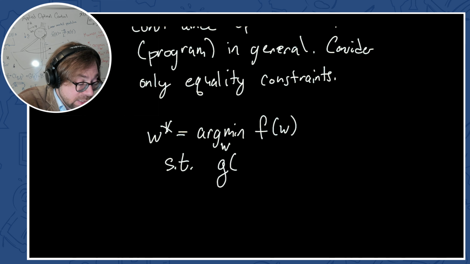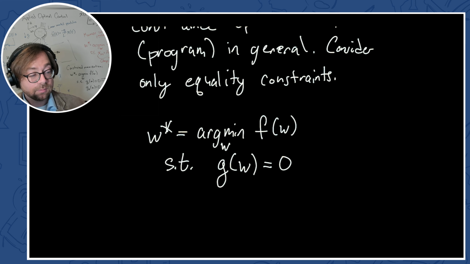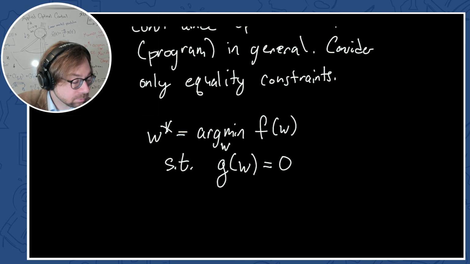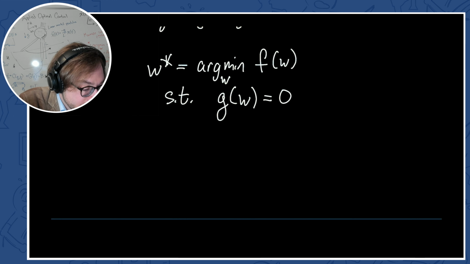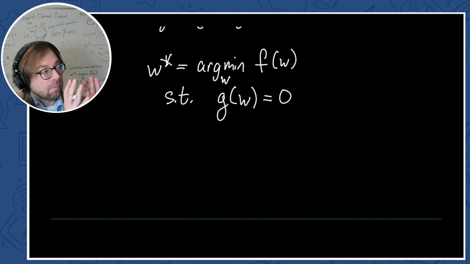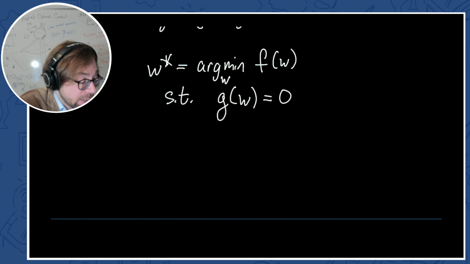So we'll say g of w is equal to 0. That will be our problem in general. But to come up with a way to solve this in general, let's think about a very specific example. Let's go back to our fencing problem.